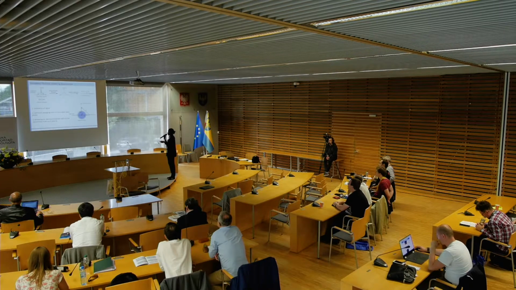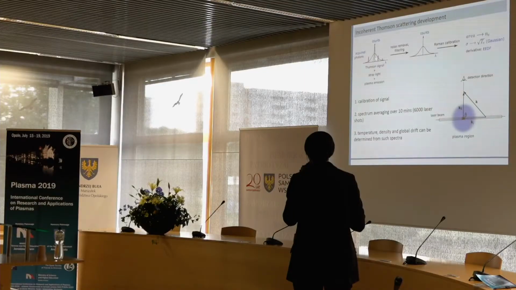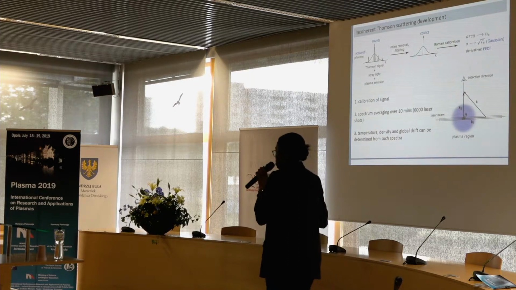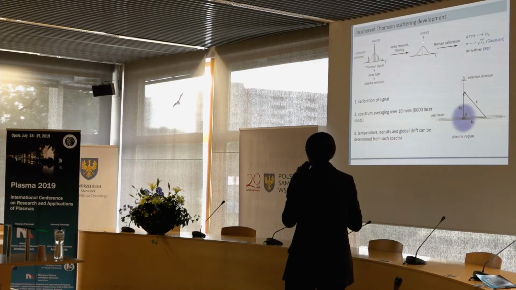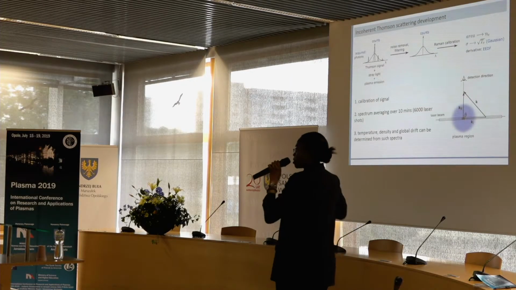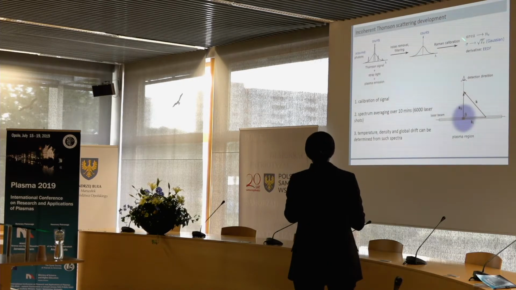We have a raw scattered spectrum, which contains our Thomson signal here, a stray light signal, and plasma emission peaks. We can have some background acquisitions which you can subtract from this and then obtain something which is relatively clean. Typically the amplitude is in photon counts, as a function of wavelength. And with appropriate calibration, we can transform this spectrum from just an arbitrary, nice spectral shape to something which means something.